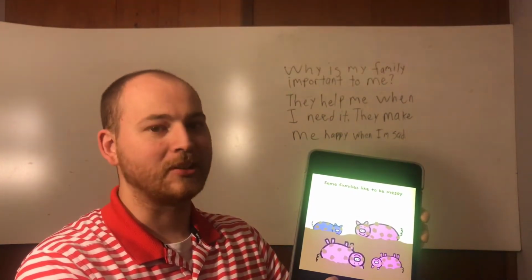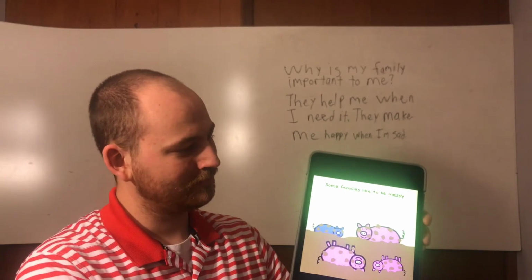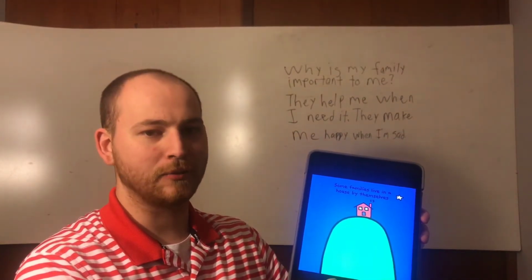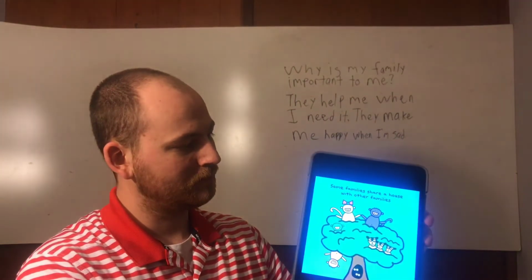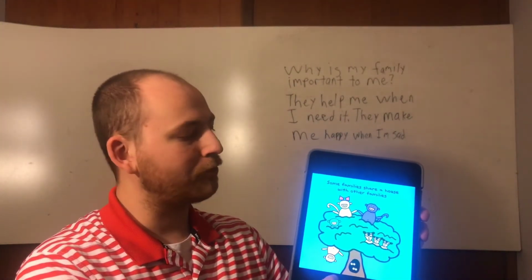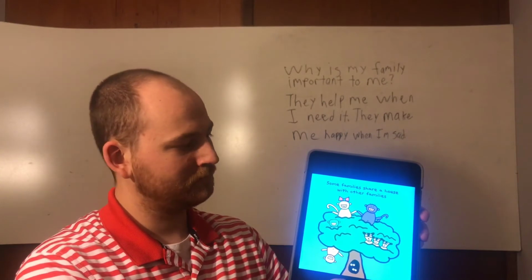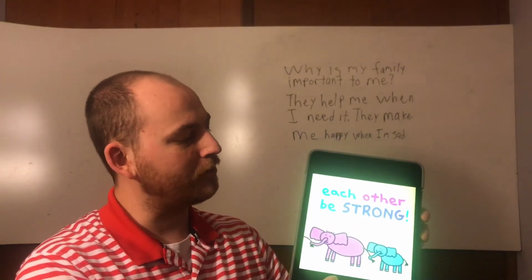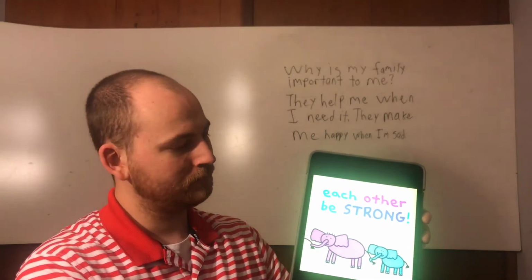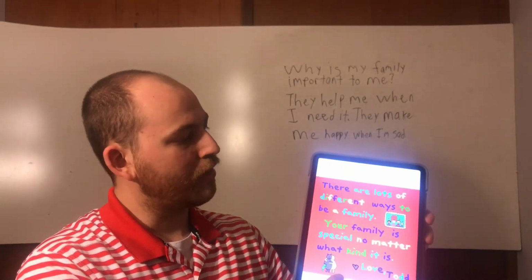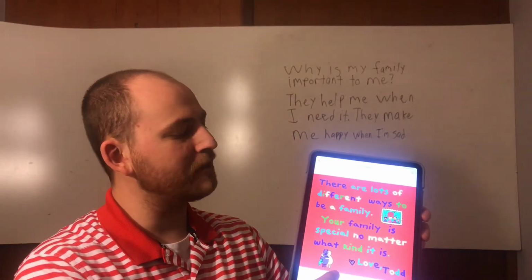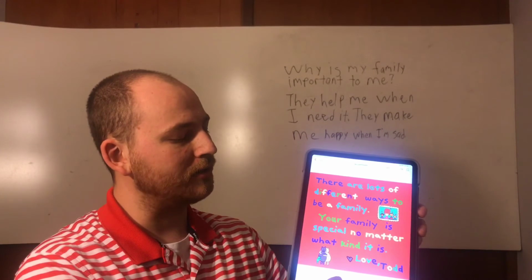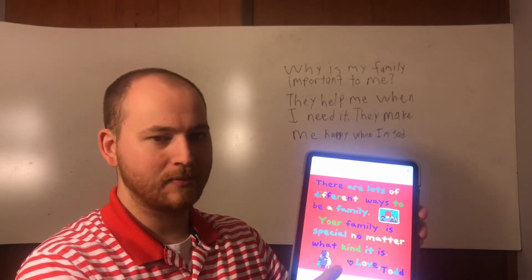Some families like to be messy. Some families live in a house by themselves. Some families live in a house with other families. All families can help each other be strong. There are lots of different ways to be a family. Your family is special no matter what kind it is. Love, Todd.